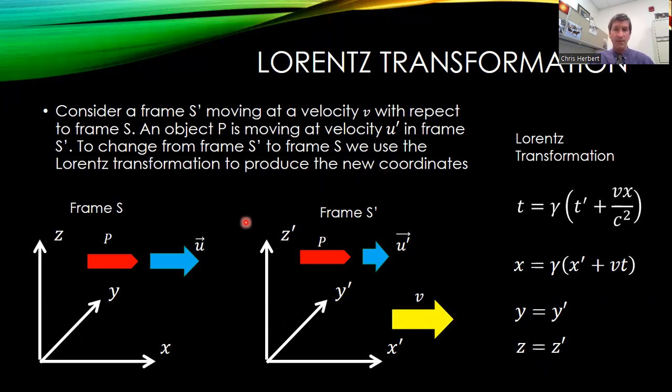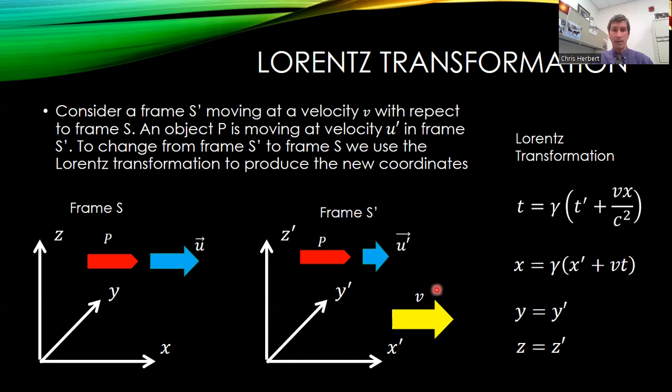Now, let's say in this frame of reference, I have some object, maybe a spaceship, traveling at a speed of u. Now, notice I've switched from v to u. I'm using u for the velocity of an object because v is usually used for the velocity of the frame of reference with respect to another frame.